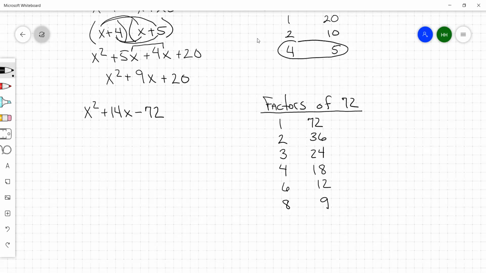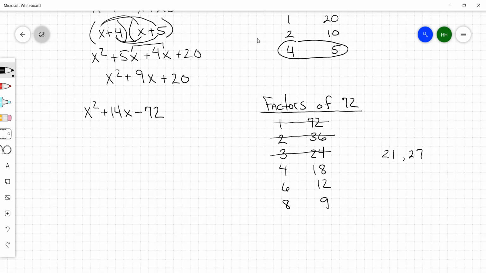Well, 1 and 72 won't work, will they? 2 and 36, because if you combine a 2 and a 36, you can get a 34 or you can get a 38. That's it, right? So those don't work. 3 and 24. If you combine a 3 with a 24, you can get a 21 and you can get a 27.